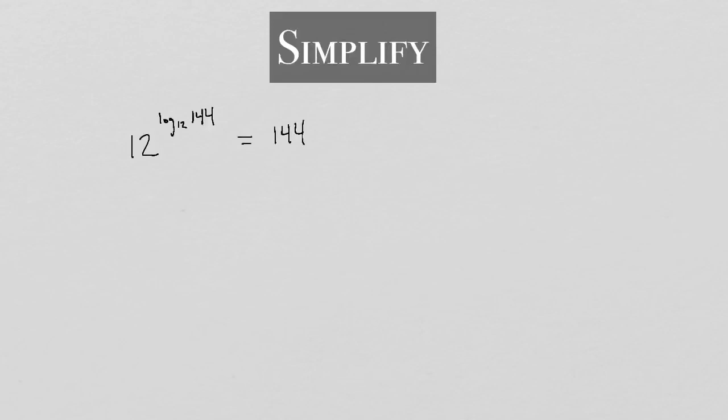And the reason for it is this. Let's go ahead and evaluate this portion of it. So we have log base 12 of 144. That's saying 12 raised to some power equals 144. We know that 12 squared equals 144.